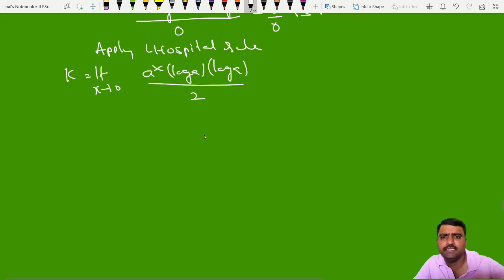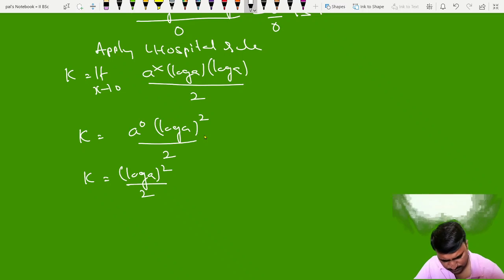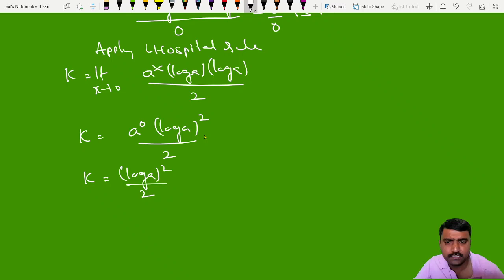So now you apply the limit. k is equal to a to the 0 into log a square, divided by 2. So k is equal to a to the power of 0 is 1, 1 into log a square divided by 2 is the limit value. So that is log a square divided by 2. This is the limit value of the function.